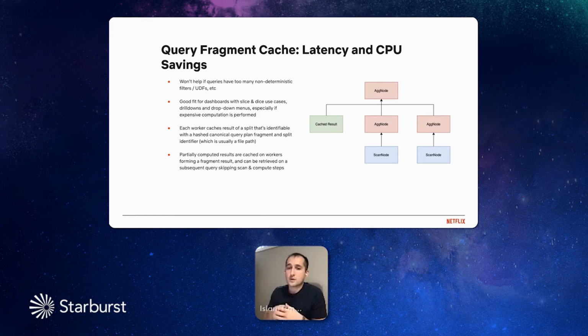Each worker on Trino will do a partial aggregation result, and caching that was saving us a lot of latency. So it was useful for certain use cases, and we ended up including this in our caching architecture.